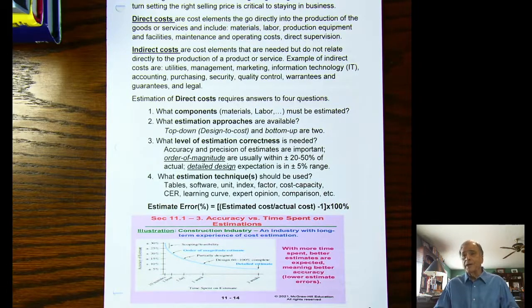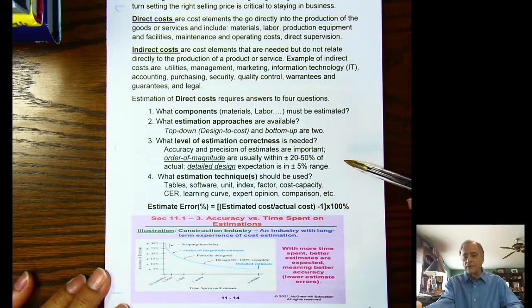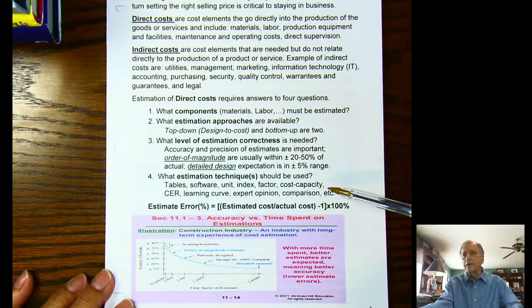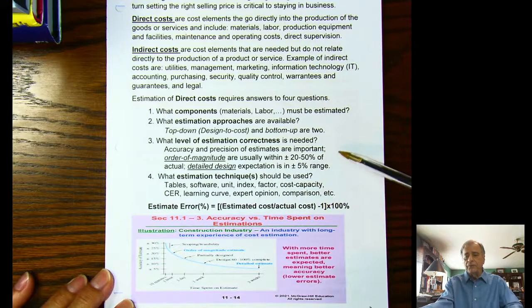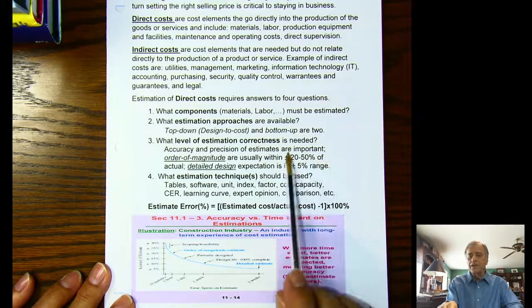If you're estimating a consumer product, you really need to be definitely within that range because of the high level of competition and the fact that this thing has already been in production and so on.